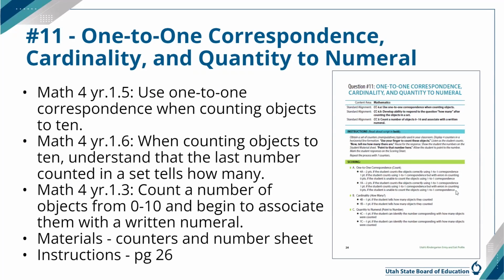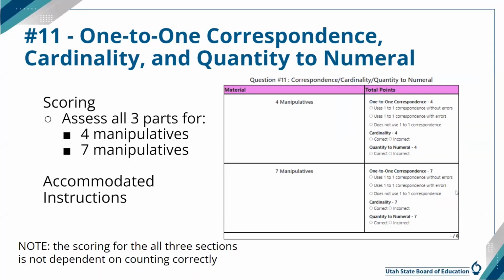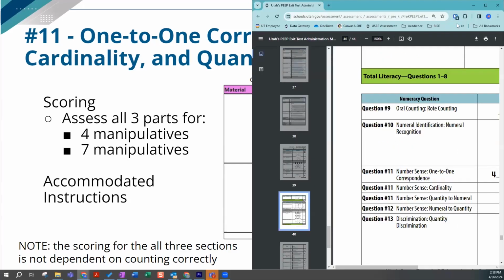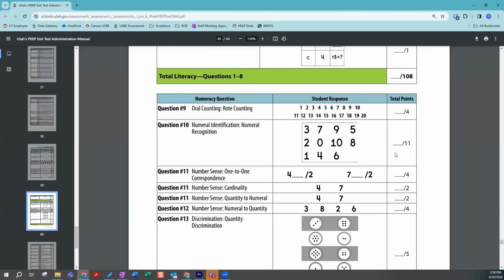Here's how the scoring works. You're assessing all 3 parts for the 4 manipulatives, and then all 3 parts for the 7 manipulatives. On the scoring sheet, it has it broken out like this, which I don't love. It shows the one-to-one correspondence with the number 4 and the number 7, and then you indicate for cardinality, did they get the number 4 and the number 7?